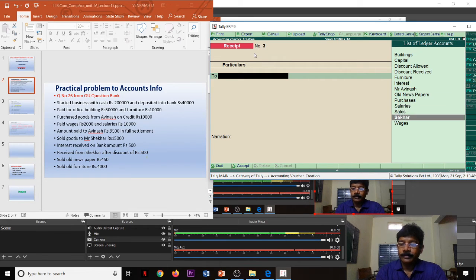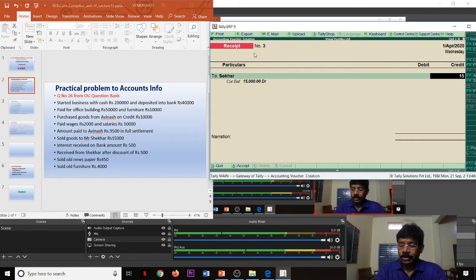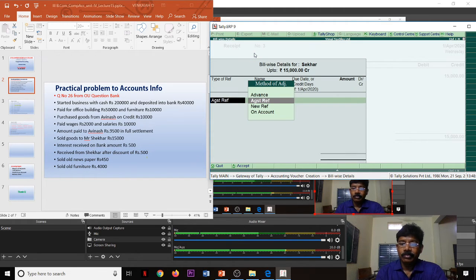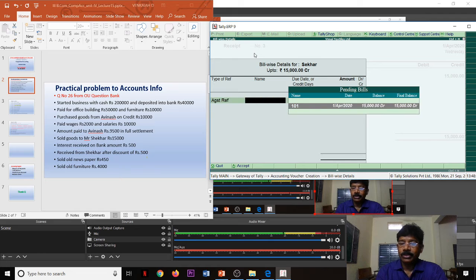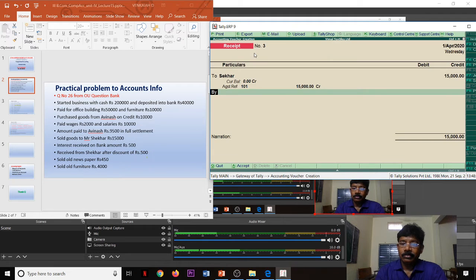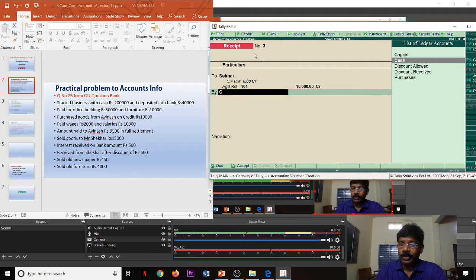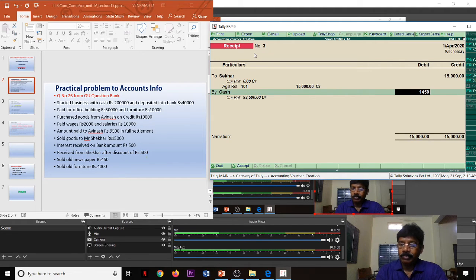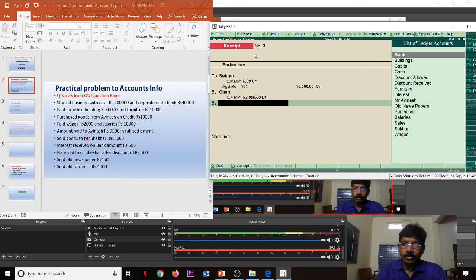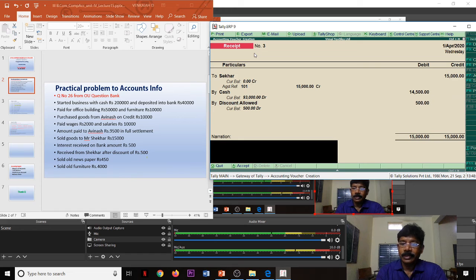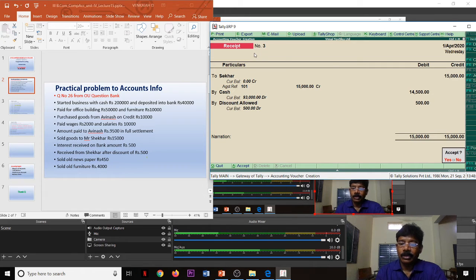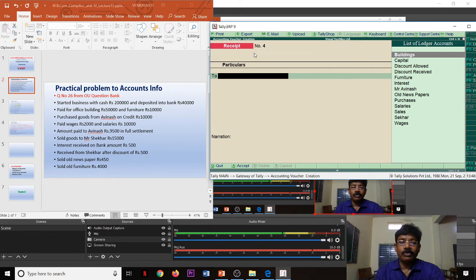Mr. Shekhar is 15,000, against reference 101, and cash 14,500. Discount allowed is a loss for us, 500. Narration will be amount received from Shekhar after discount.